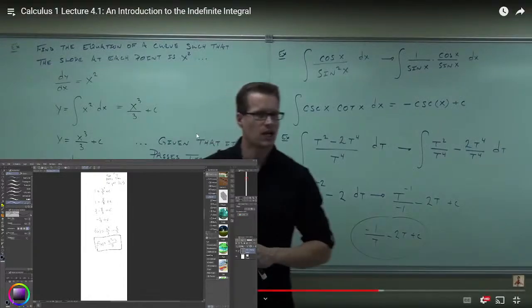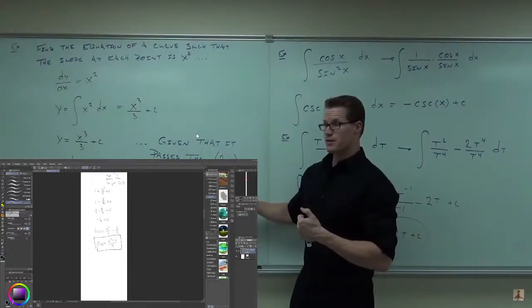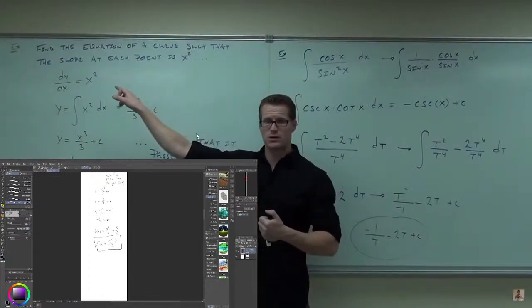Let's verify that for a second. Is this going to go through the point 2, 1? Sure, that's how we found C. When I take a derivative of this, does it give me x squared?